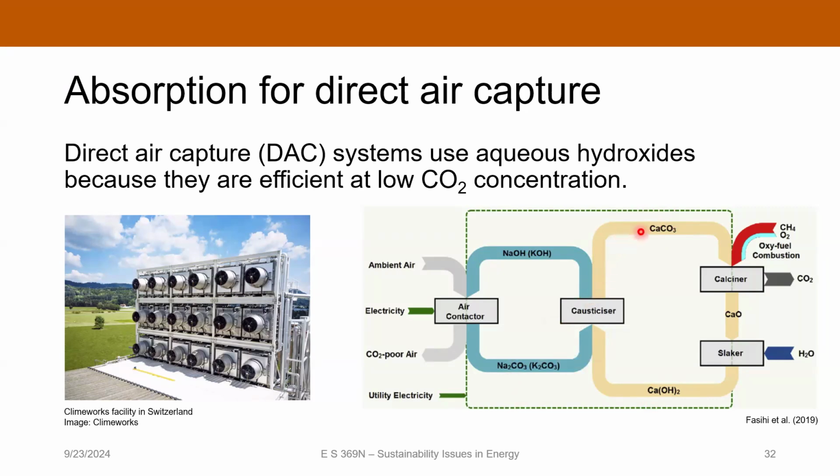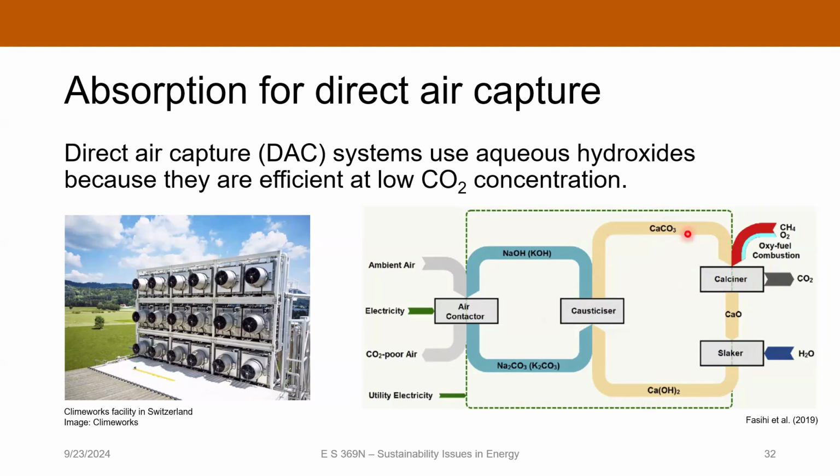And it allows you to come over here then to this calciner. What this does is you can just decompose these carbonate minerals by heating them up. This is exactly the same process as what's done in a lime kiln when you're making Portland cement.